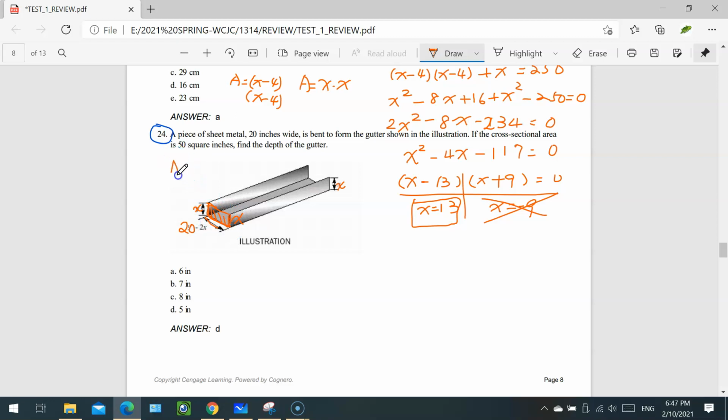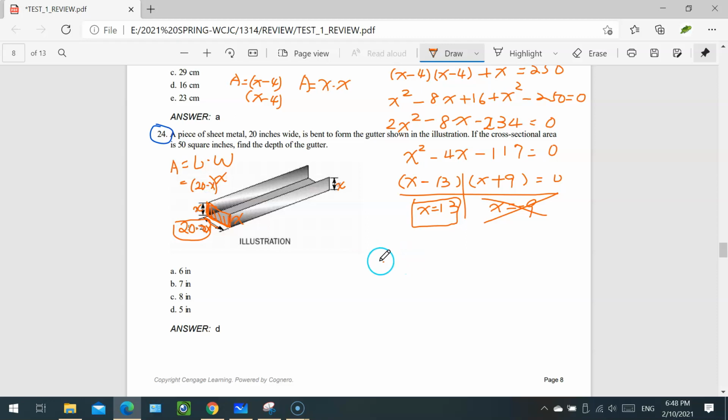So finding the area of the rectangular shape, we use the length multiplied by the width. Now the width is x. The length has changed to 20 minus 2x, because this is one x, this is another x. The total length was 20. So 20 minus 2x.